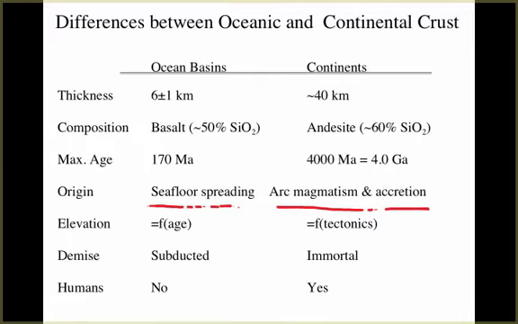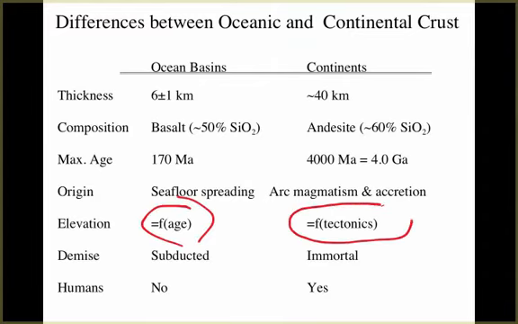And the topography that we see in the ocean basins is really a function of age, versus in the continental crust where it's the tectonics that influence whether we have low points as basins or high mountains.